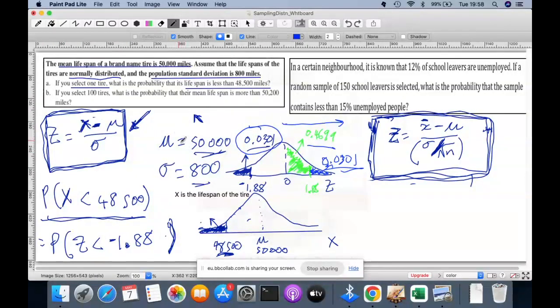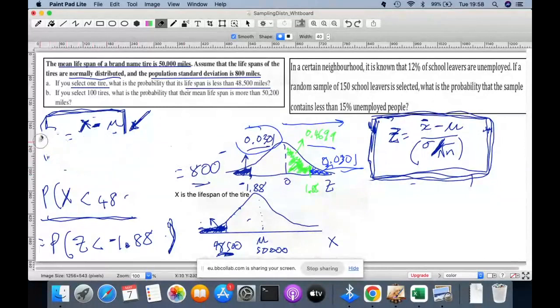Now that's question A. Now we're going to do question B. Question B is actually learning unit 7. This was a good question because it shows you the difference between learning unit 6 and learning unit 7. Question B is learning unit 7. Now, what we're being asked, I'm going to erase this part here.